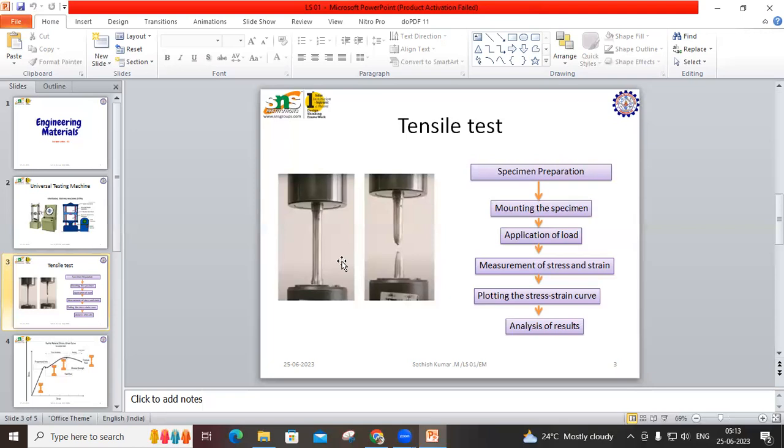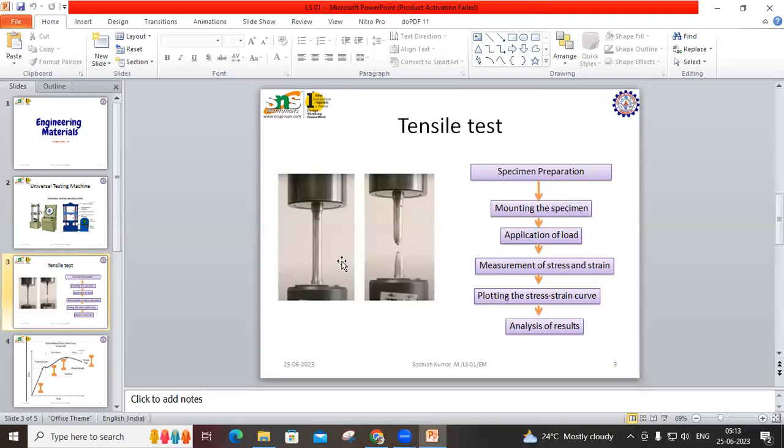The force is gradually and continuously applied until the specimen fractures. The load is generated using either a hydraulic or an electric motor. So there comes the deformation or elongation of the specimen.